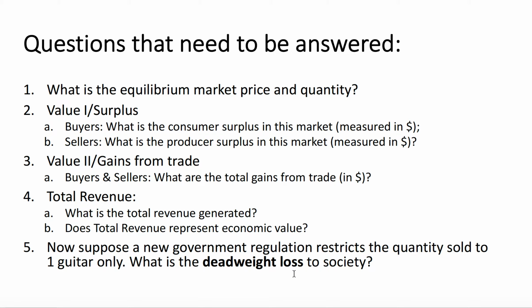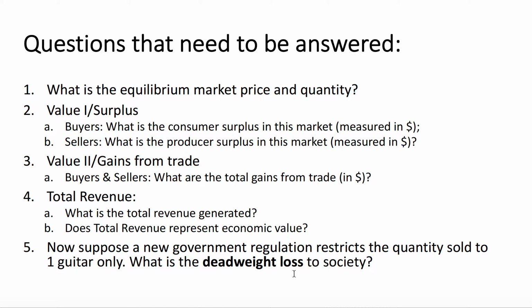What's total revenue, the total revenue generated? That's price times quantity. And part B, does total revenue represent economic value? No, it represents financial or accounting value, but it doesn't represent what we would consider economic value. It's a proxy for it, but it's not always a good one.